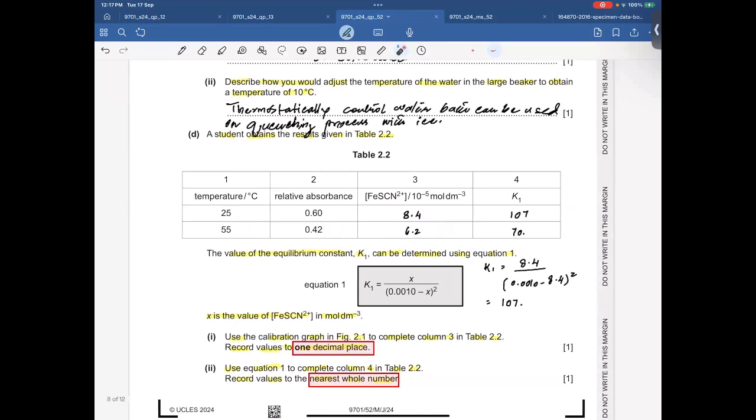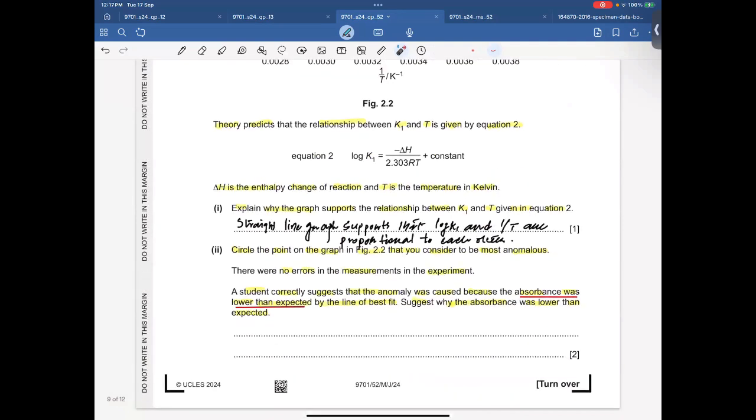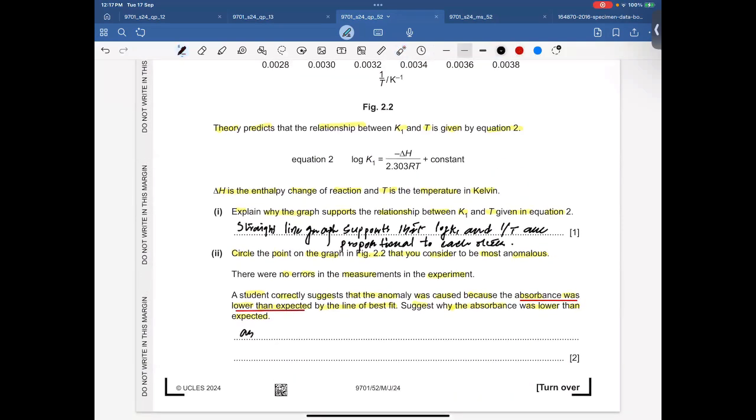So between these lines, I need to write my explanation here. As absorbance was lower than expected, then it means the actual temperature was higher than expected.